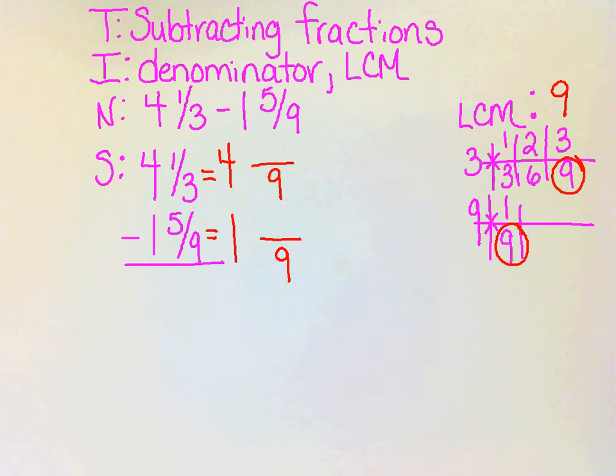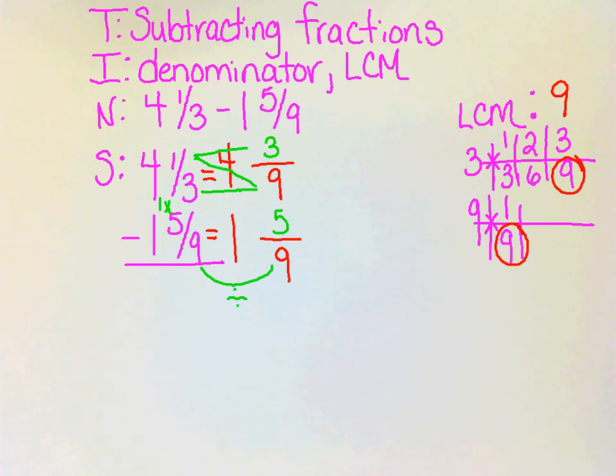So the Z is going this, 3 goes into 9, 3 times. 3 times 1 equals 3, okay? The backward C is 9 divided by 9 is 1. 1 times 5 is 5. So you have to decide which one works best for you.